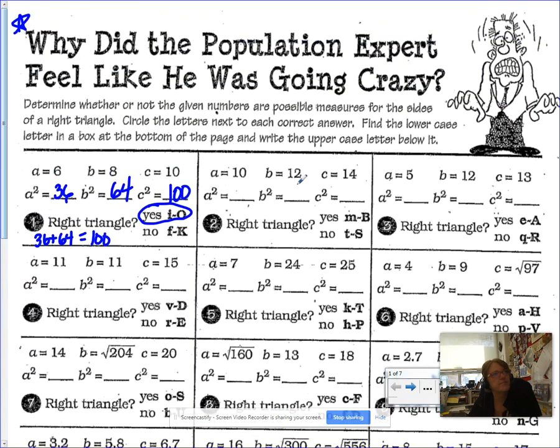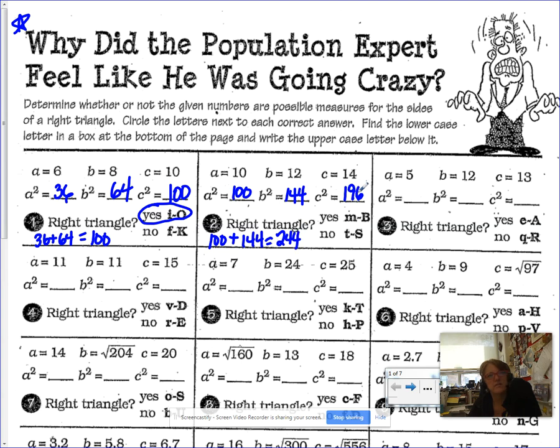Let's do the next one. A is 10. B is 12. 12 squared. It's my favorite number. C is 14. C squared is 196. You got to check. 100 plus 144. When I add those together, I get 244.